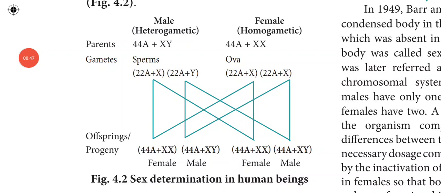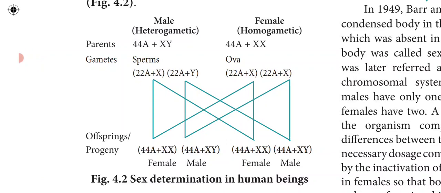Here we will see the sex determination in human beings. The male parent is heterogametic, having 44 autosomes plus XY, the sex chromosomes, otherwise called allosomes. The females are homogametic, having 44 autosomes and the last pair of allosomes, XX.